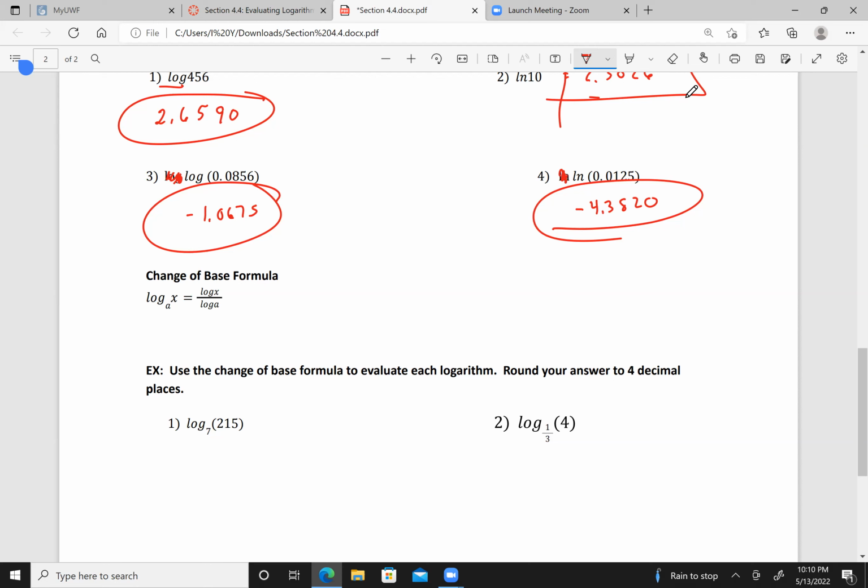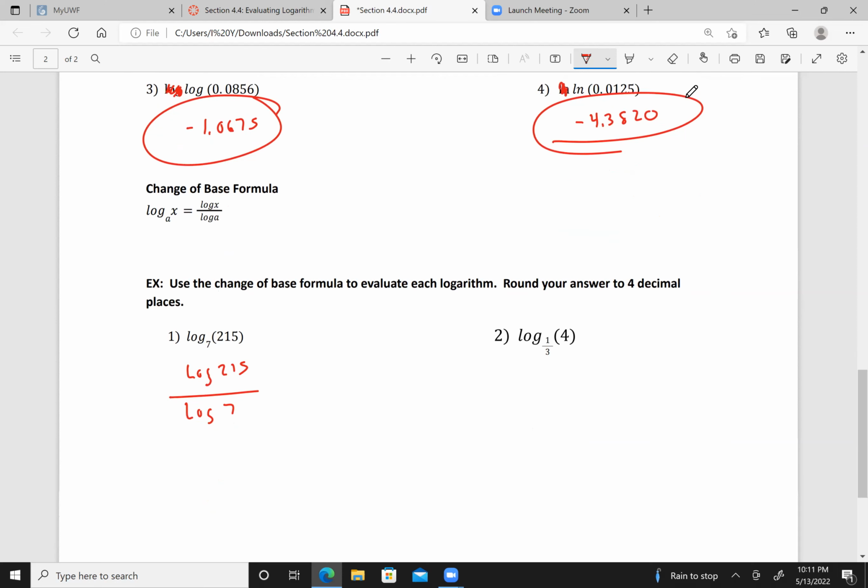If we have the log base a of x, it is equal to the log of whatever base you want. I recommend using common logs, which is what they've used here. So the log base a of x is the log of x over the log of a. So the log base 7 of 215 is the common log of 215 divided by the common log of 7.